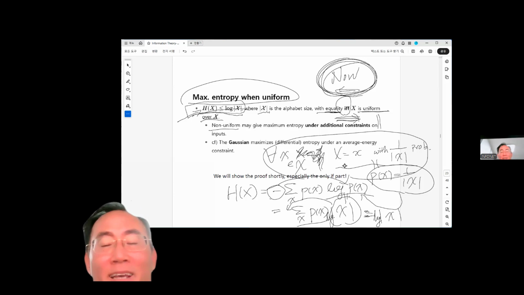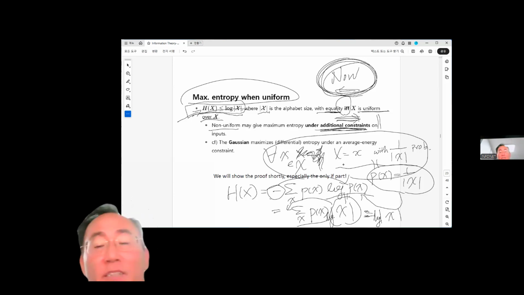But in the case of additional constraint, for example, let's suppose that there is a constraint on the variance, right? Variance is equal to 1, right? And then what is going to be the maximum entropy?